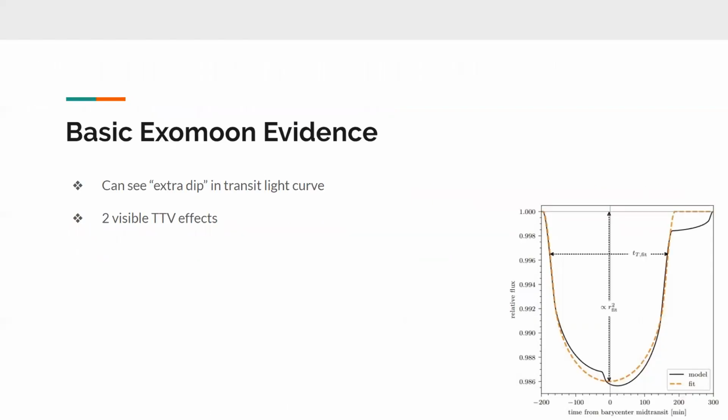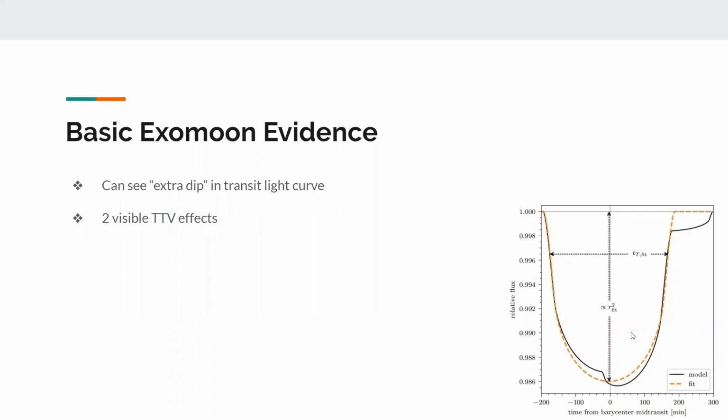So first, before we dive into the results, we're going to go into the basic exomoon evidence, which is just this basic plot that they provided in the paper that shows a transit light curve of an exomoon passing in front of a star.